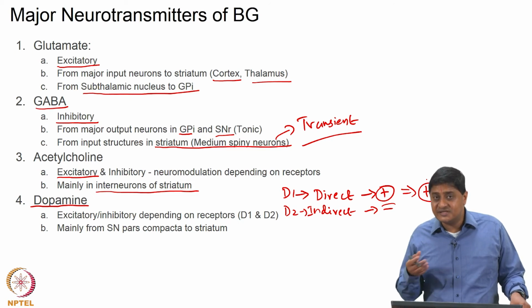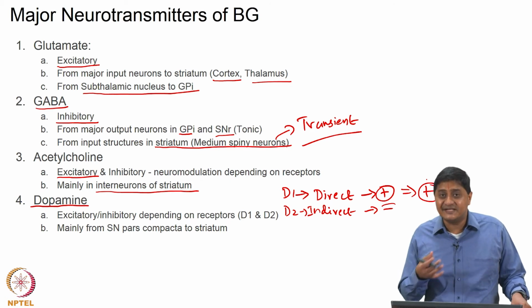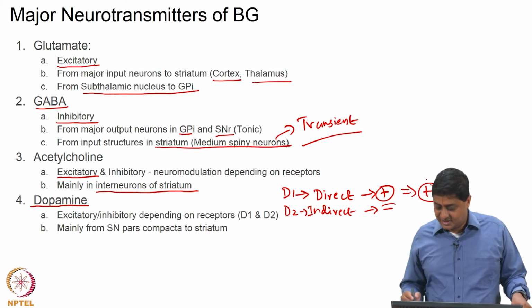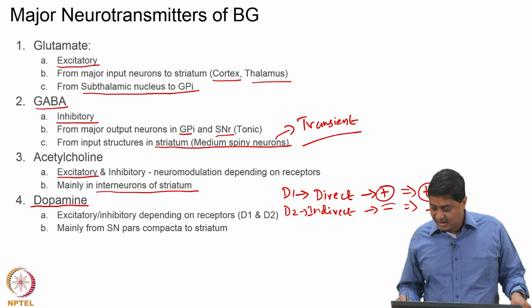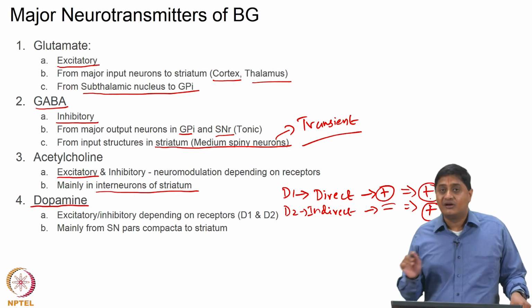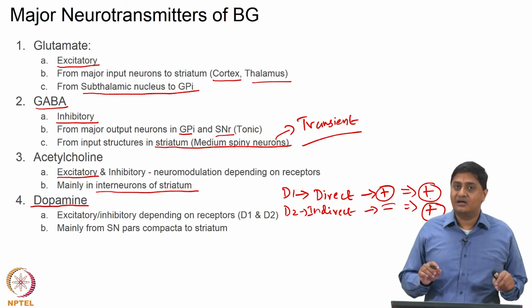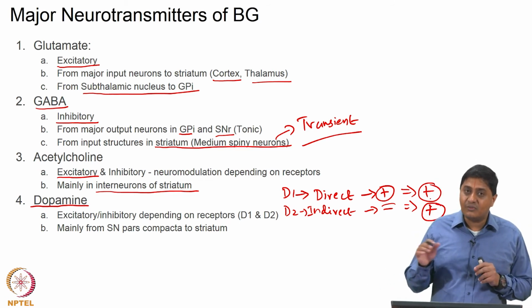If inhibition is inhibited, it results in a sort of excitation or disinhibition, essentially resulting in excitation at the thalamocortical level, not at the striatal or the interneuronal level.